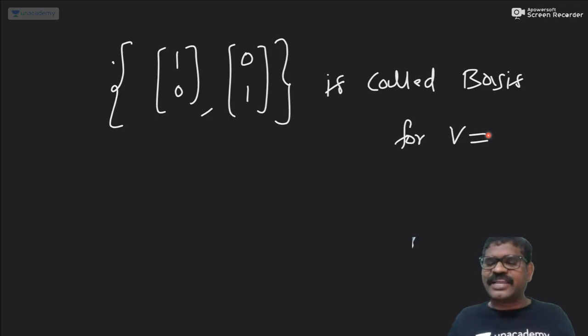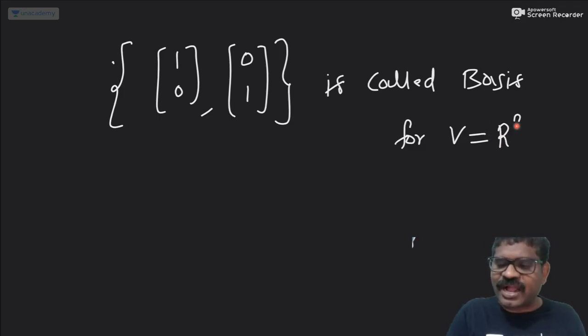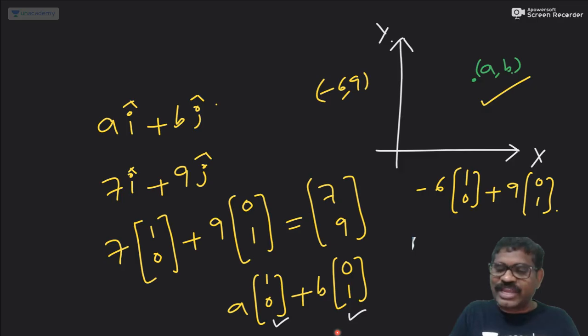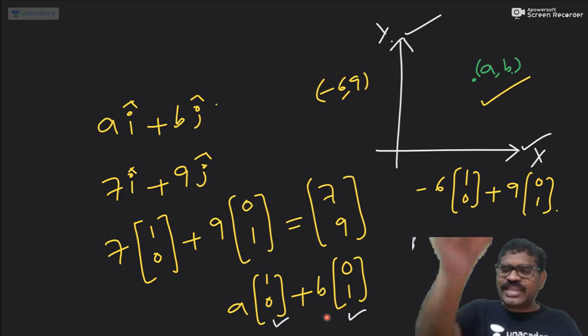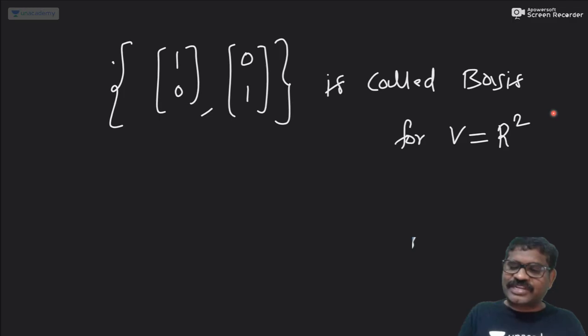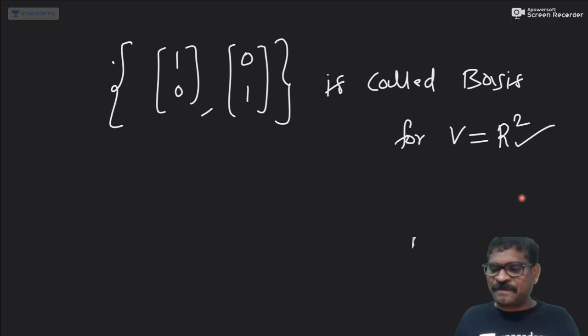For better understanding, I am going to write R square. Sir, what is R square? You have taken two real lines, x-axis, y-axis. X-axis is one real line, y-axis is one real line. It is a Cartesian product of two real lines. That's why it is represented by R square. Okay. So a set consisting of (1,0) and (0,1) is a basis for a two-dimensional vector space V.